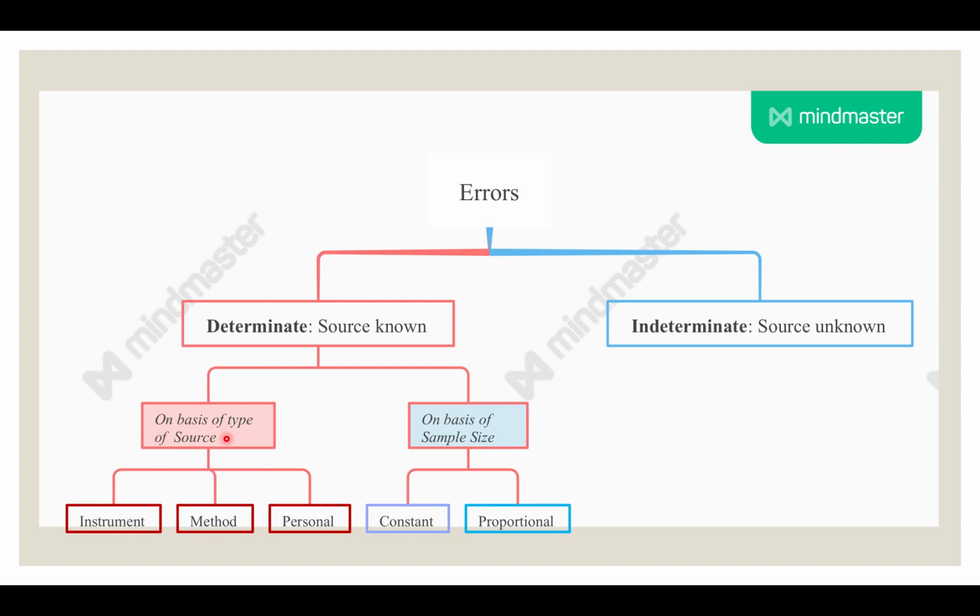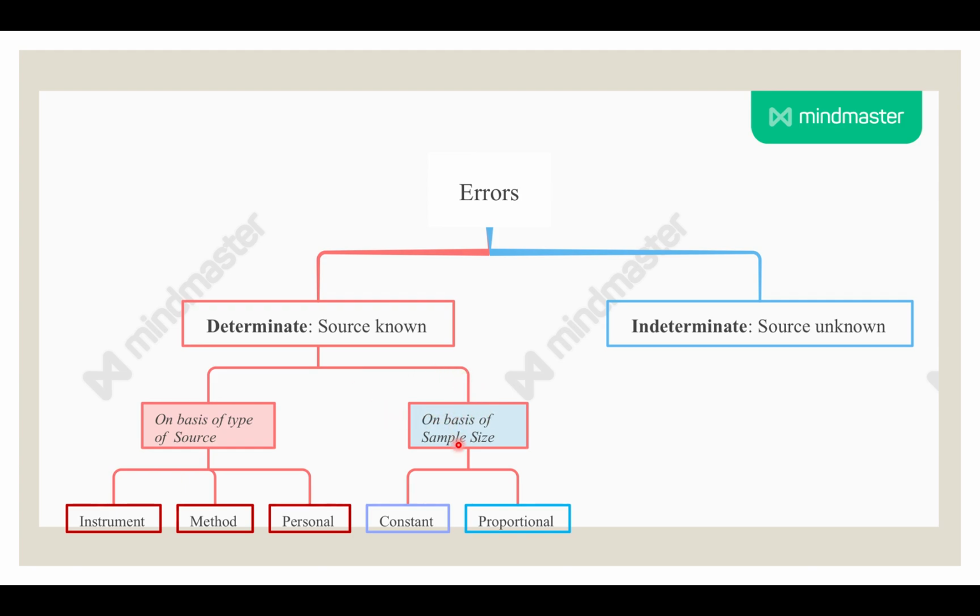On the basis of their source, we can classify them as instrument error, method error, and personal error. These terms are very much self-explanatory, though we will be going into the details of each of these in the next section of our class.